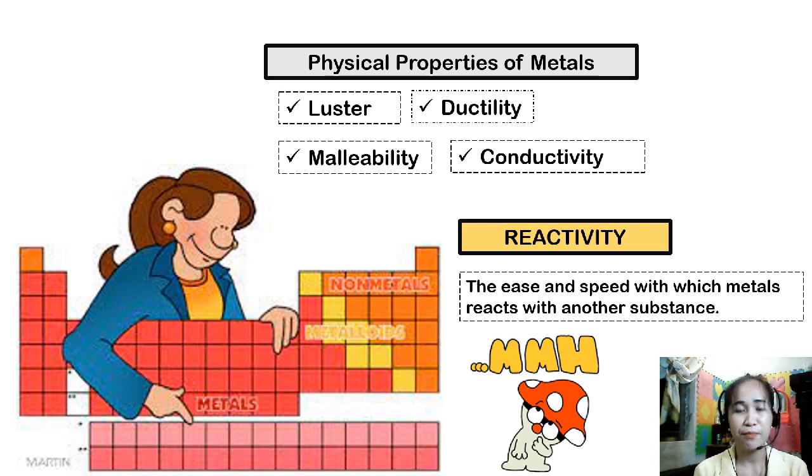The most reactive metals will react even with cold water, while the least will not react even with acid. The ease and speed with which a metal reacts with another substance is called reactivity.